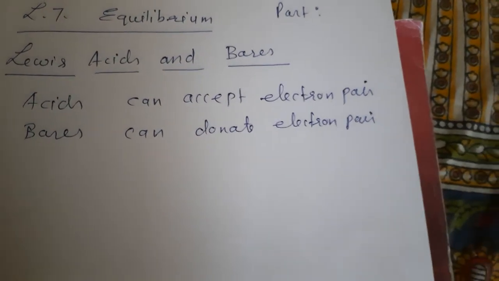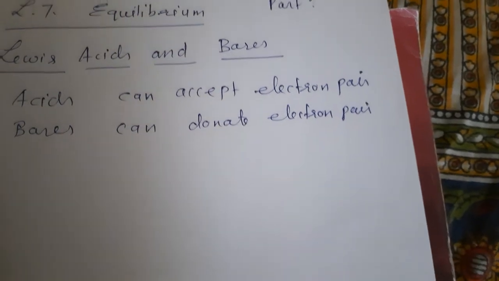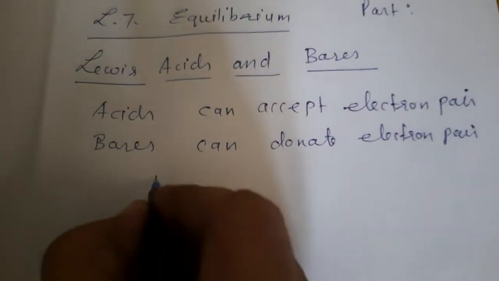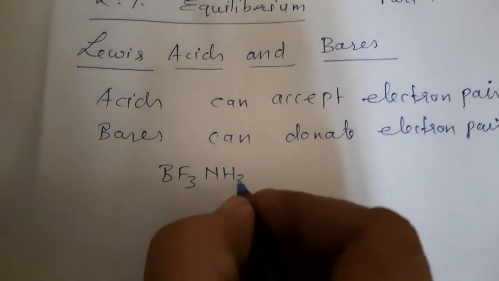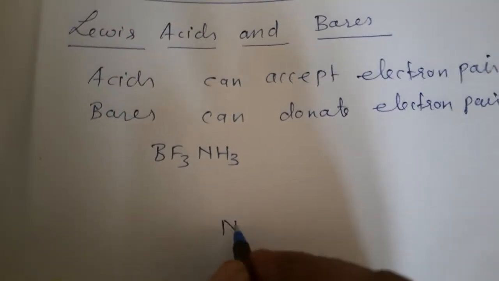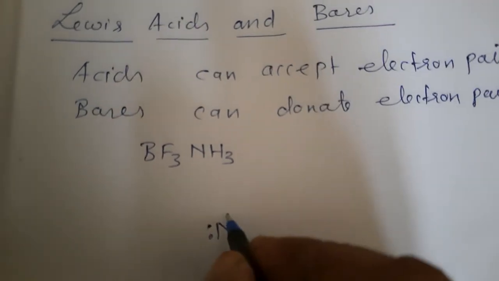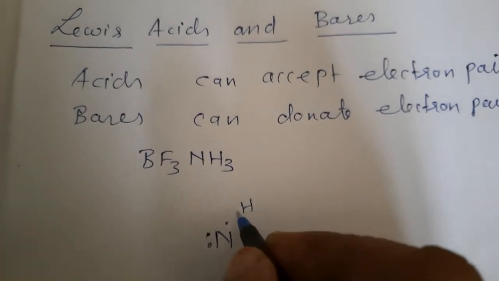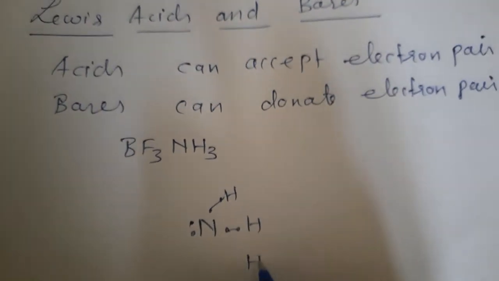Certain compounds, like if we see the reaction between BF3 and NH3. So we know nitrogen has 5 electrons in the outermost orbit. So 1, 2, 3 go to hydrogen, hydrogen and hydrogen.